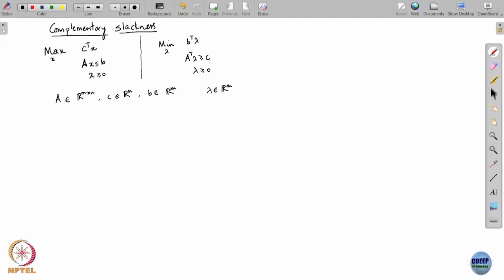And the number of inequality constraints in the dual problem is equal to the number of variables in the primal problem.